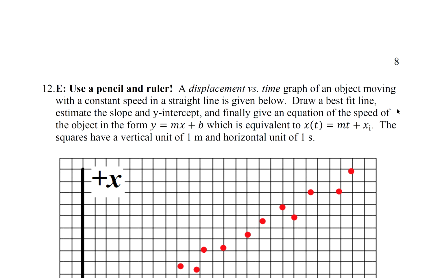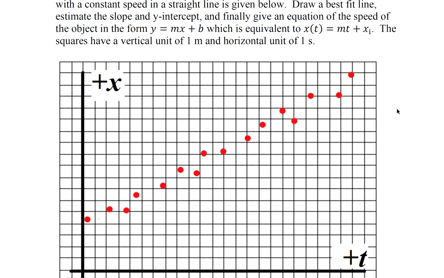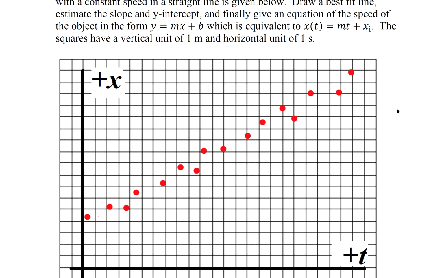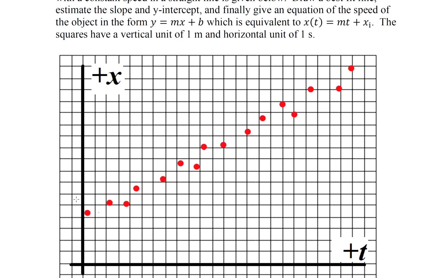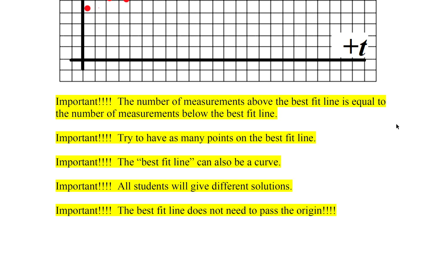What we want is a best fit line. There are two rules you need to remember. You want the number of dots above the best fit line to be equal to the number of dots below the best fit line. And you want the best fit line to cross as many values as possible.